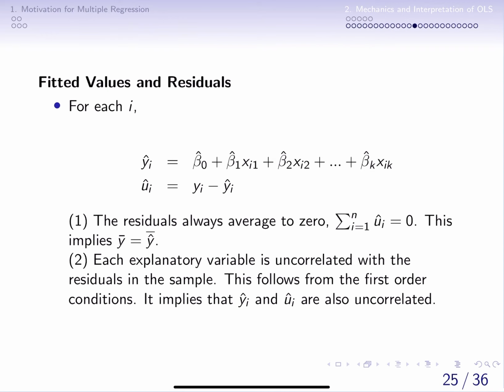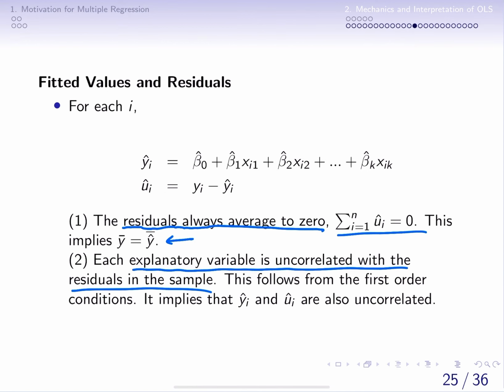So there are some properties that are always going to hold. For example, we said that even in the simple linear regression model, the residuals always average to 0. So we can always test for this. And this implies that the mean of your dependent variable is equal to the mean of your predicted y. Okay. And also, that explanatory variables are uncorrelated with the residuals in the sample, okay?